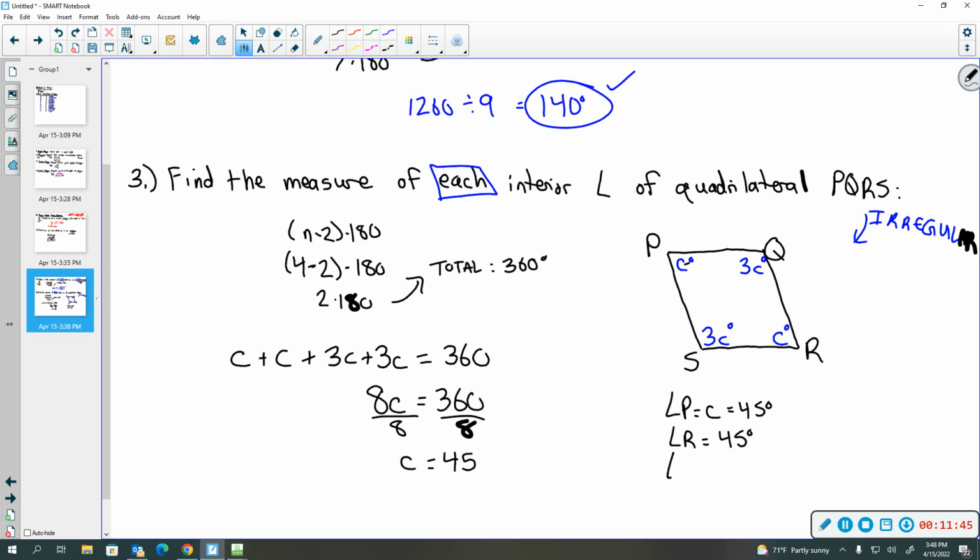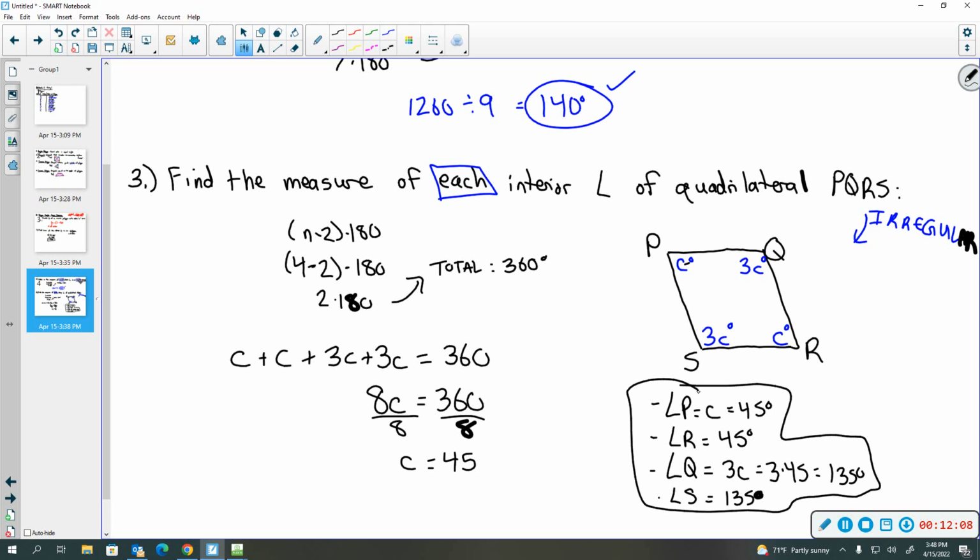Then angle Q was 3C, or in other words, 3 times 45, which would end up being 135. And luckily S was also the same thing, 135. So I found all 4 of my interior angles of this irregular polygon.